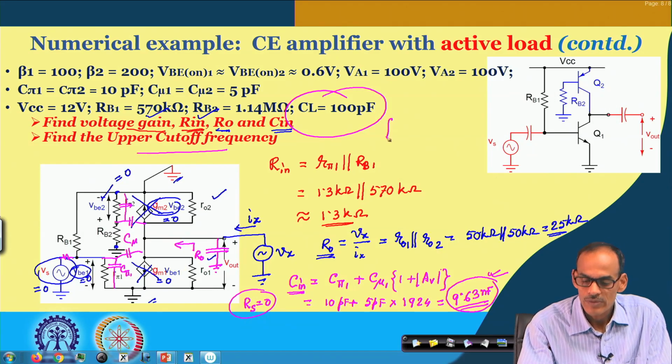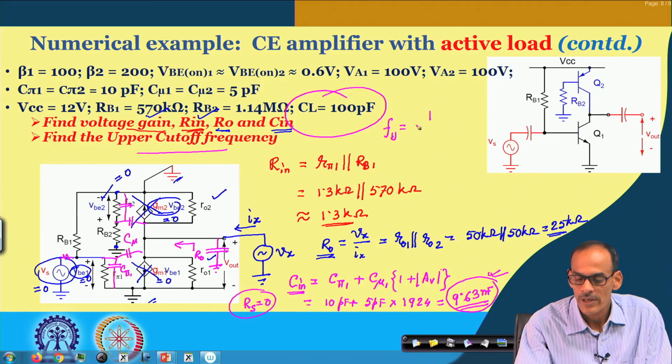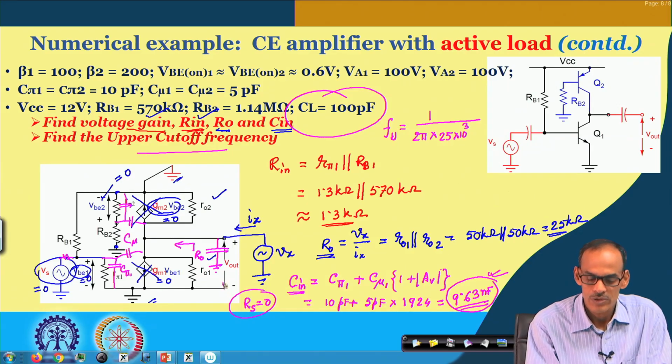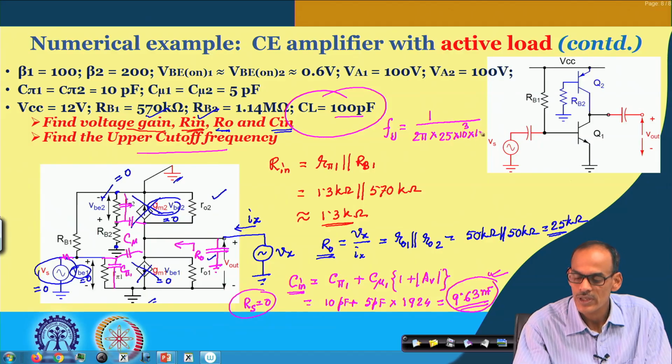So, the upper cutoff frequency equals 1 by 2 pi times the output resistance, which is 25 k, that is 25 into 10 to the power 3, and then we have 100 picofarad, which is 10 to the power minus 10.